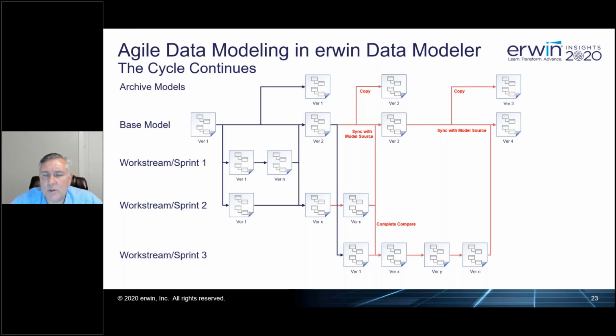It's also important to understand that when you use the sync with model source, you get to understand what's changed. So through this process, you will see the changes that are applied to the base model, and you use that as input or knowledge for the complete compare to all the other work stream models. So as you can see, it evolves and grows through the process over time.